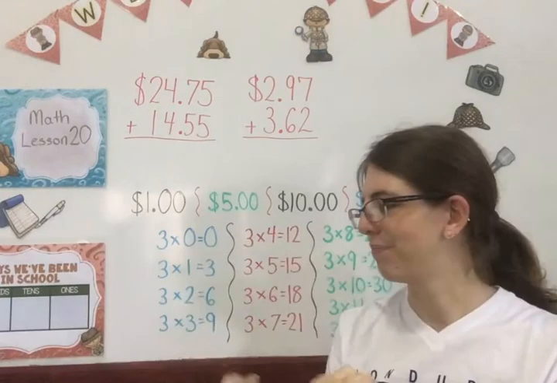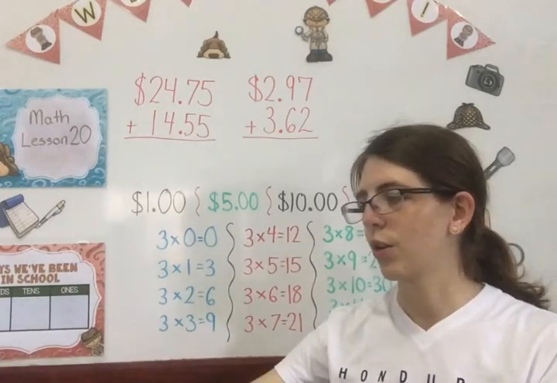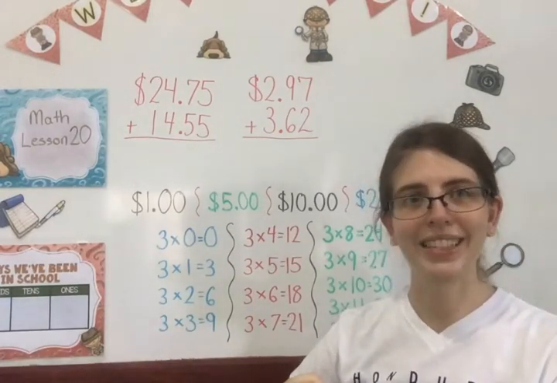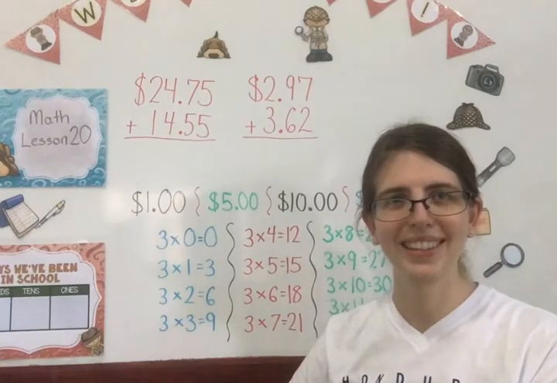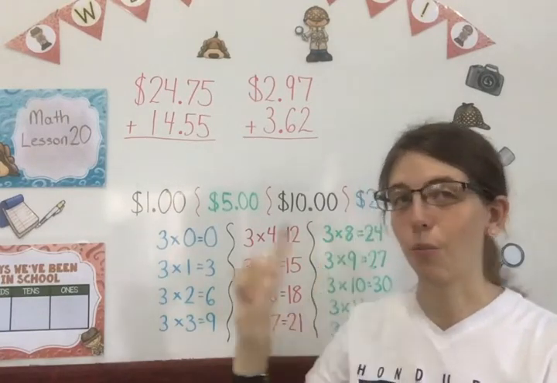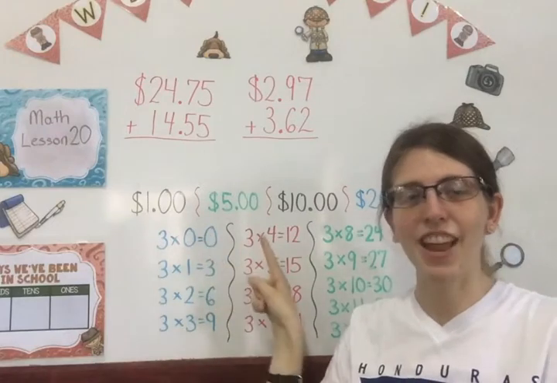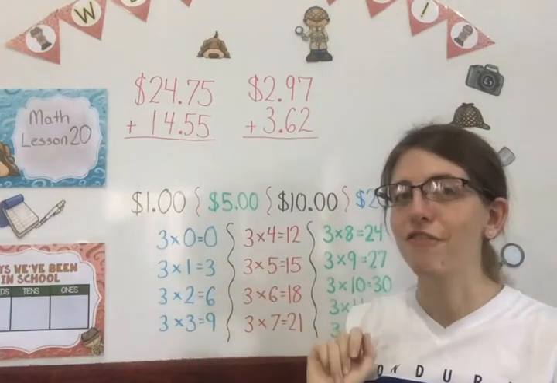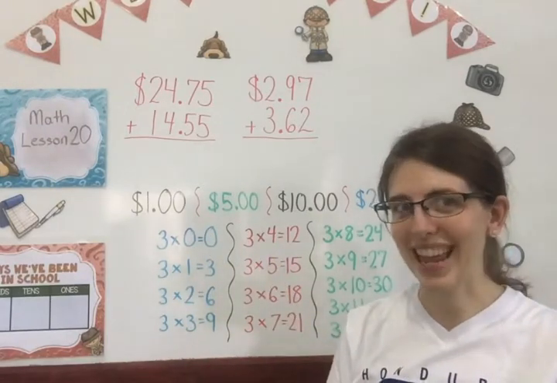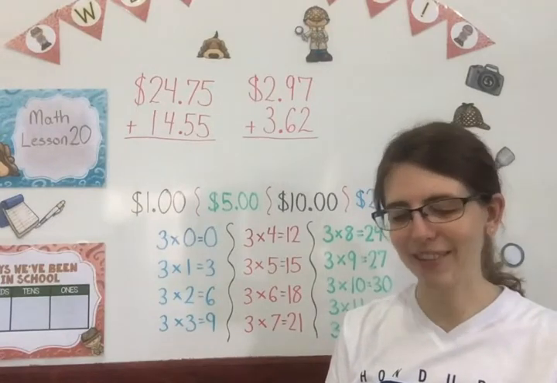Quick challenge question. Do you know how many cents $5 would be? Well, if $1 is 100 cents, then $5 would be 500 cents. That would be a lot of pennies, right?